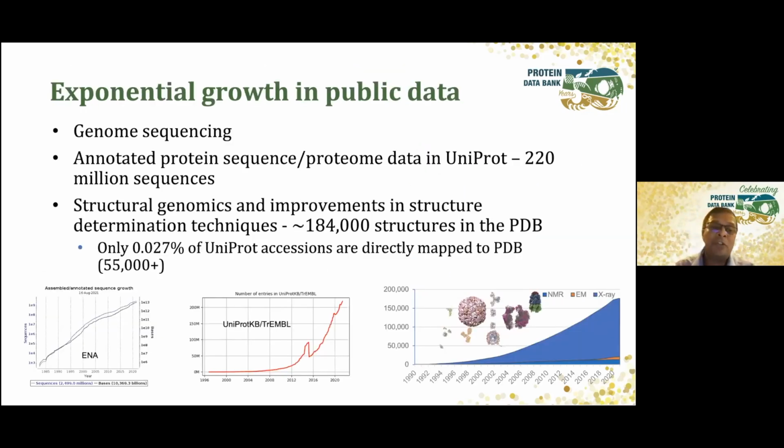And then what we saw from 2000 was this great, exponential growth in all sorts of public data. So sequencing allowed us to have a huge amount of genome data, which then was translated into protein sequences and proteome. And so UniProt now has about 220 million structures. And at the same time, because of structural genomics and other improvements that happened in structure determination, the PDB has grown to about 184,000 structures today.